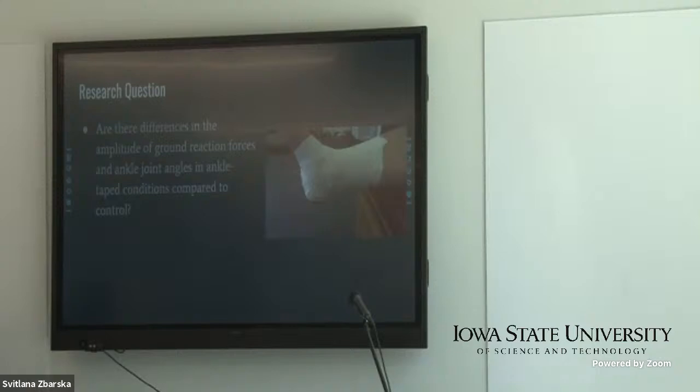And then the results can help us determine if athletic tape does in fact decrease the range of motion around the ankle joint, and additionally if it affects jump performance as well. And we decided to study those directional jumps because these are what commonly cause ankle injuries in athletic settings.